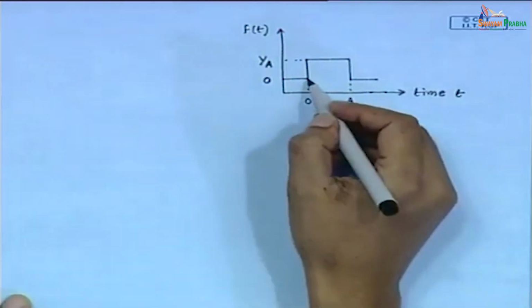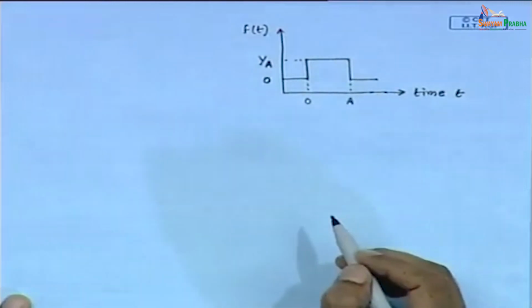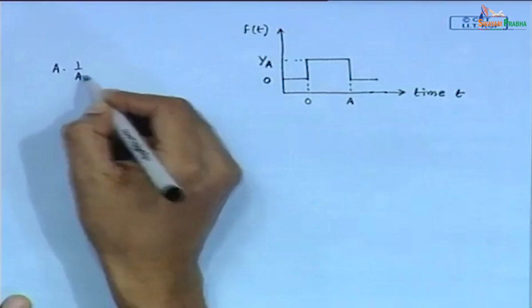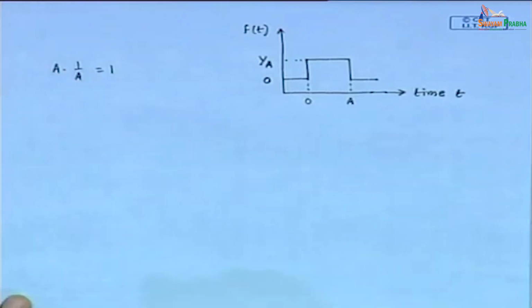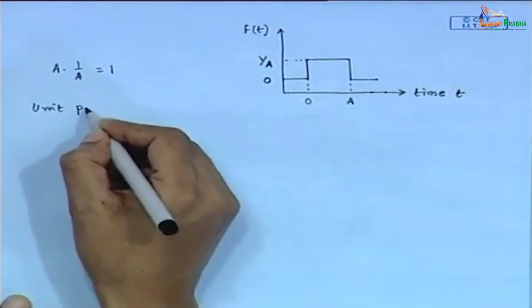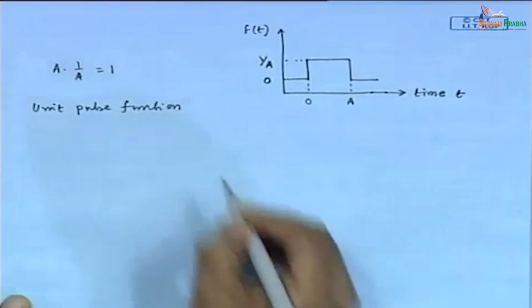So, what is the area? Area is a multiplied by 1 by a, that is equal to 1, and this is called the unit pulse function.